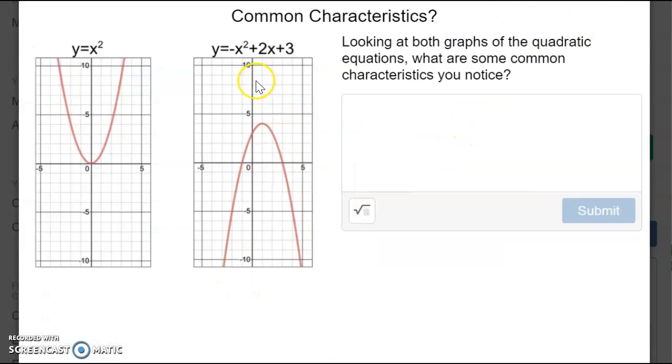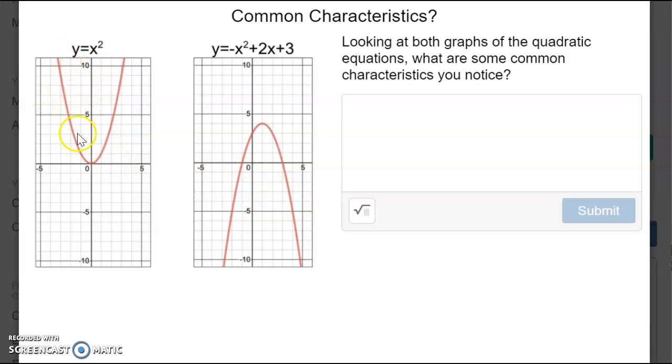Okay, and then it's asking for common characteristics. This was the very first graph, this was the second graph that we did. Looking at both graphs of the quadratic equation, what are some common characteristics you notice? Well, do you notice that the shape is very similar?